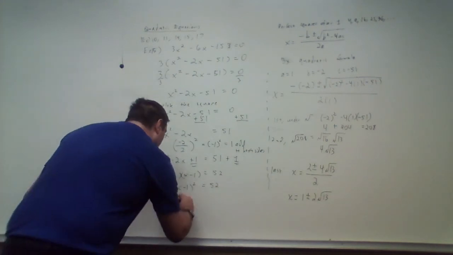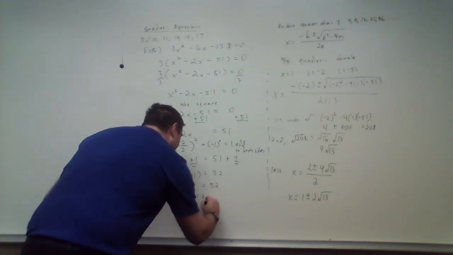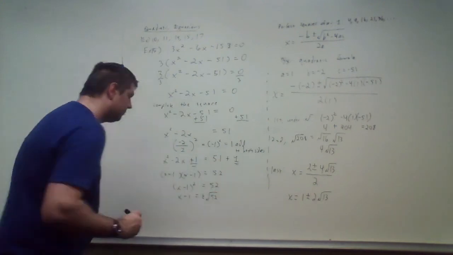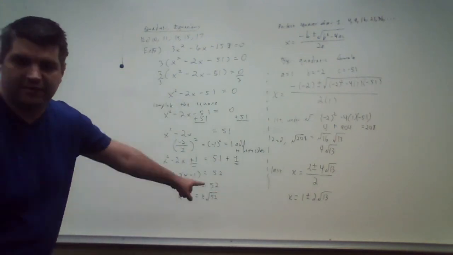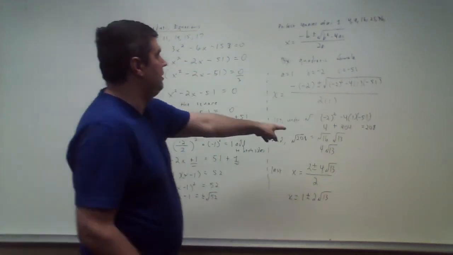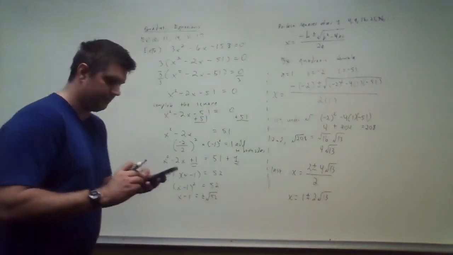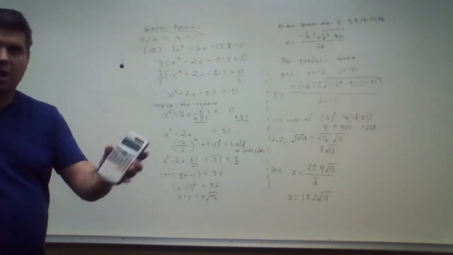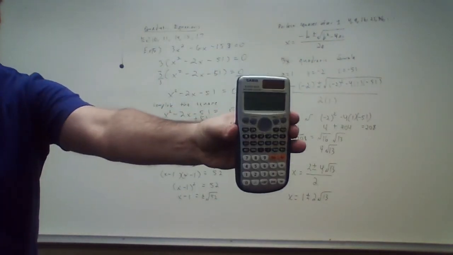Now, x minus 1 equals plus or minus the square root of 52. 52 is even, so I'll try to divide it by 4. I got 13.